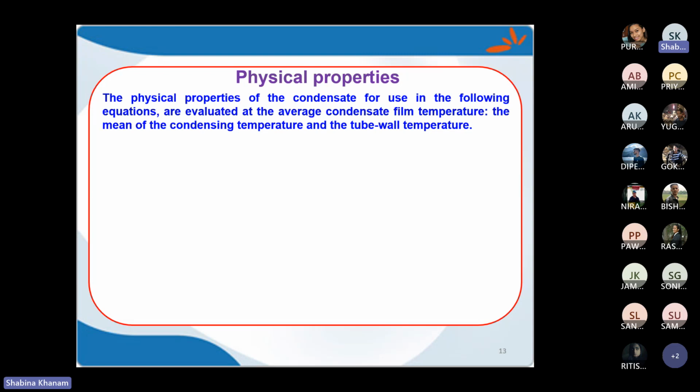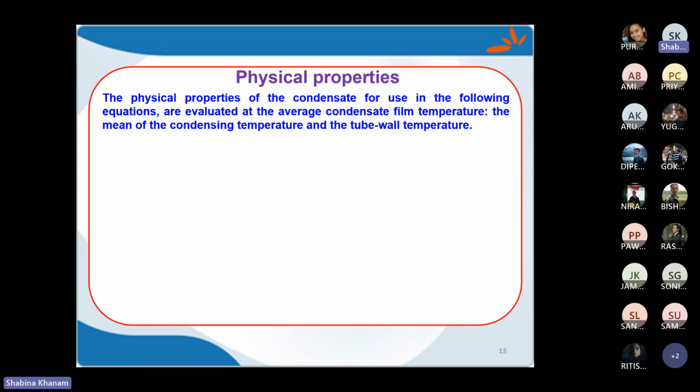In that case, you will observe variation in temperature on the condensation side as well, along with the coolant side. I hope you are getting my point. So in that case, we will consider average condensate film temperature, and further the average of condensing temperature and tube wall temperature.